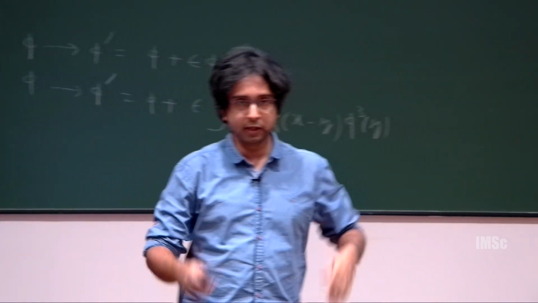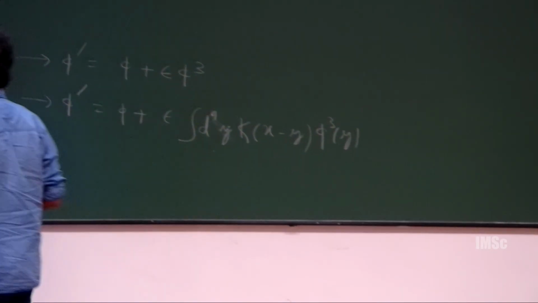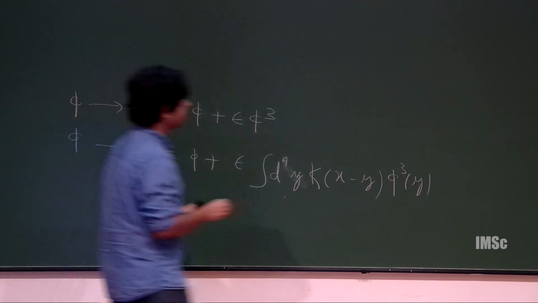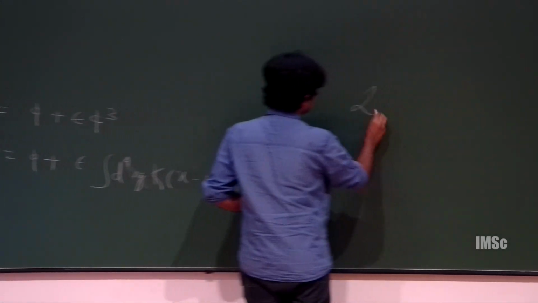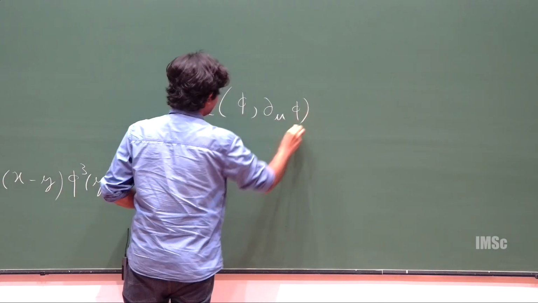So, when we actually write down the terms, we have our Lagrangian, a function of phi and del mu phi.